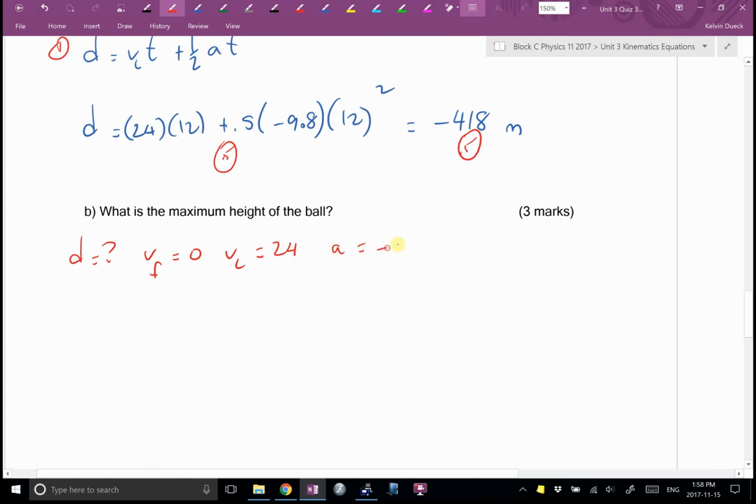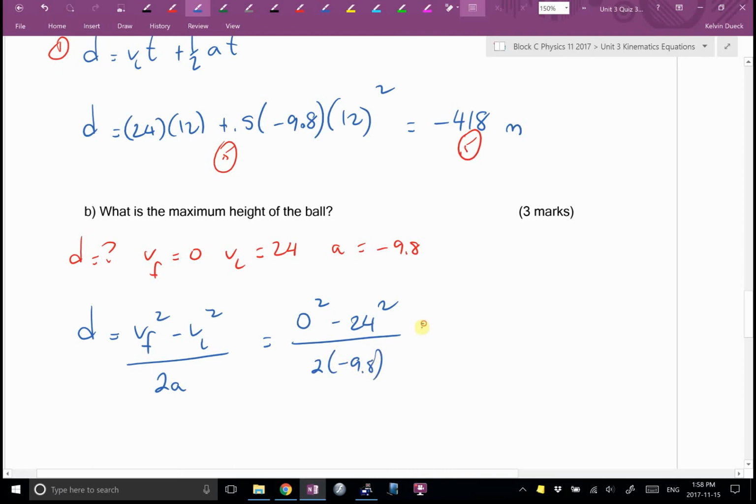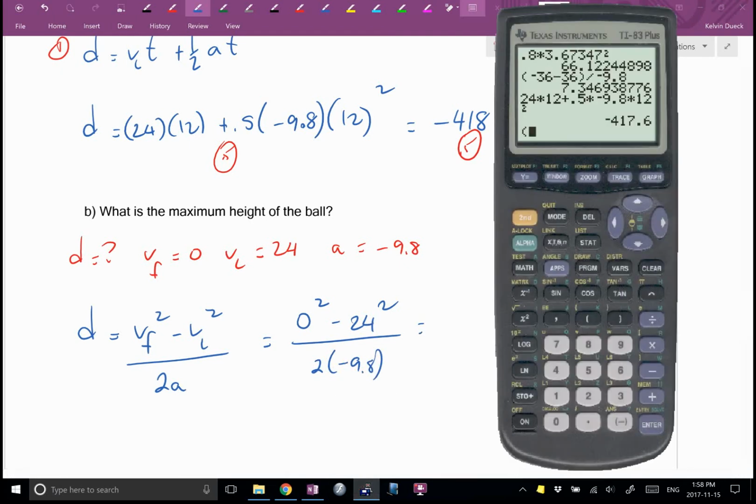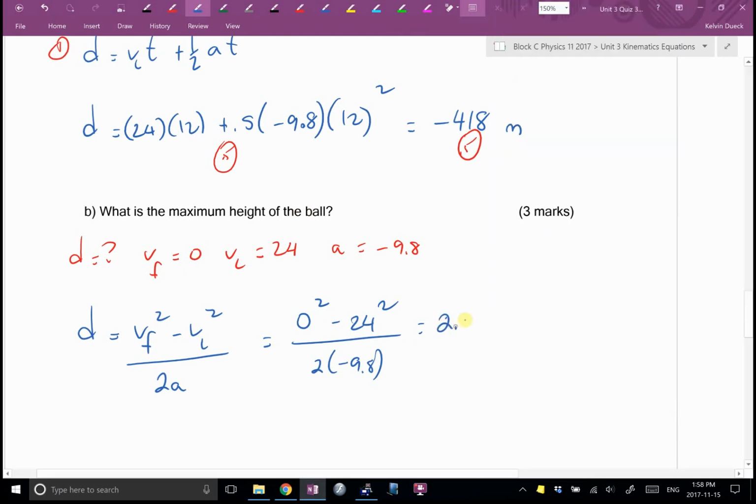a is negative 9.8. And if I do that, I can go d equals V f squared minus V i squared all over 2a. It's going to be 0 squared minus 24 squared all over 2 times negative 9.8. And I get that I went 29.39. 29, Mr. Duke.